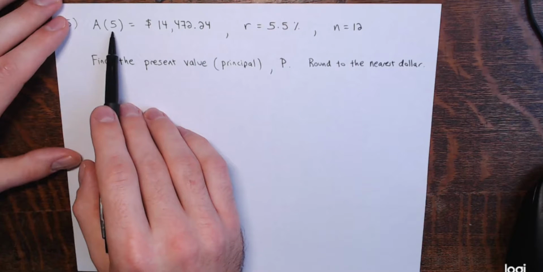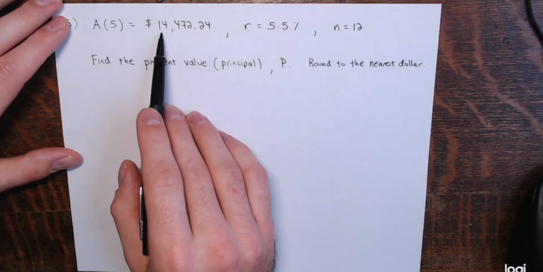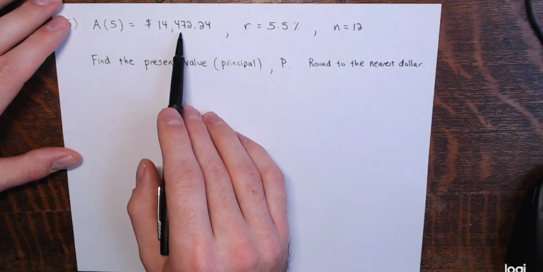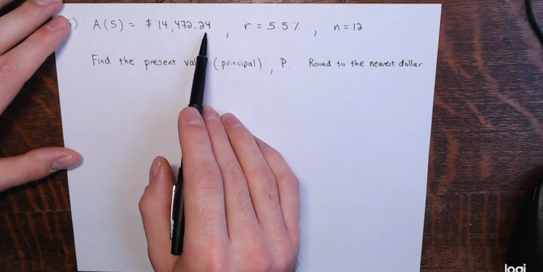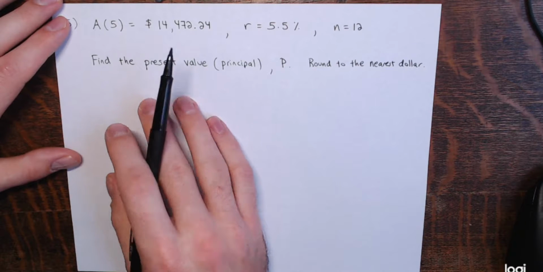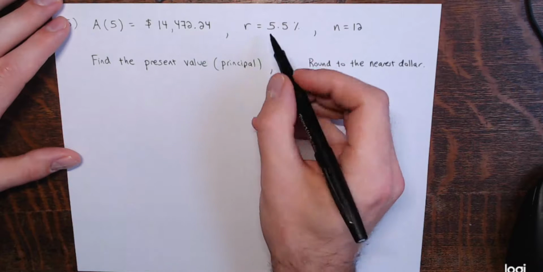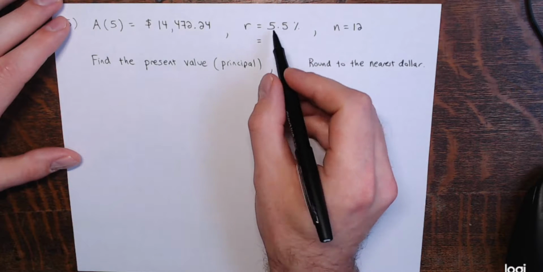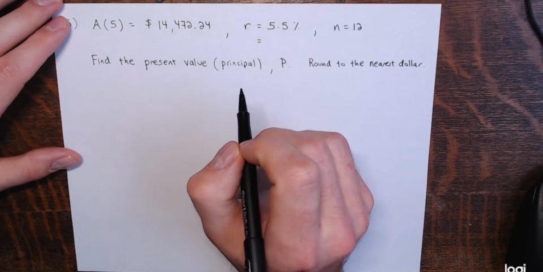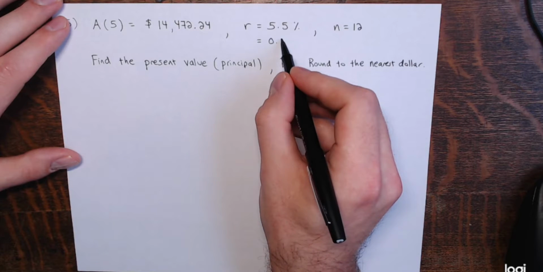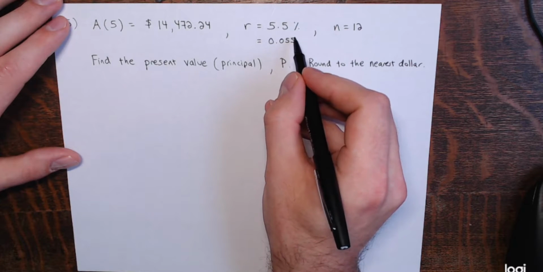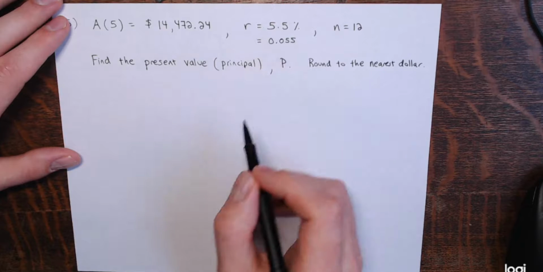So the amount after 5 years is worth $14,472.24. The annual interest rate, the APR, the nominal rate, again, whatever you want to call that, is 5.5%, which I'm writing as 0.055, right? That's 5.5 divided by 100.